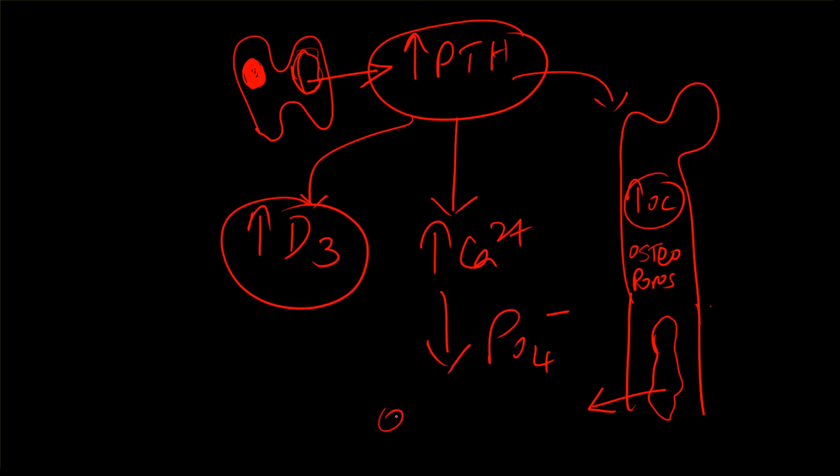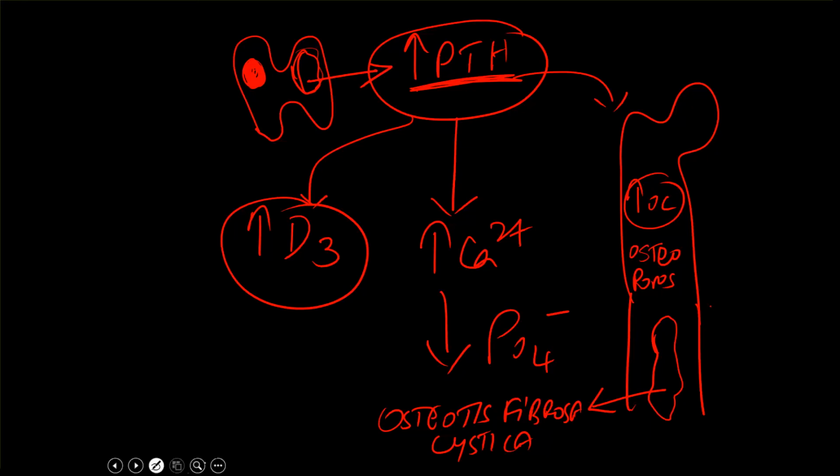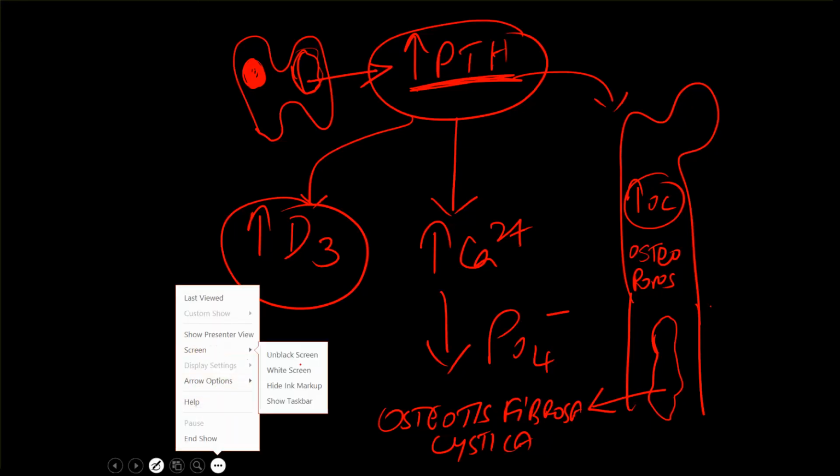That is called osteitis fibrosa cystica. This is called hyperparathyroid bone disease. Okay, so now we understand this. So this will be the scenario of tumor in the parathyroid gland producing increased parathyroid hormone.